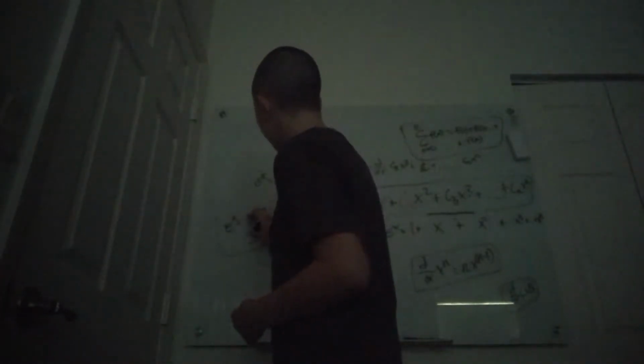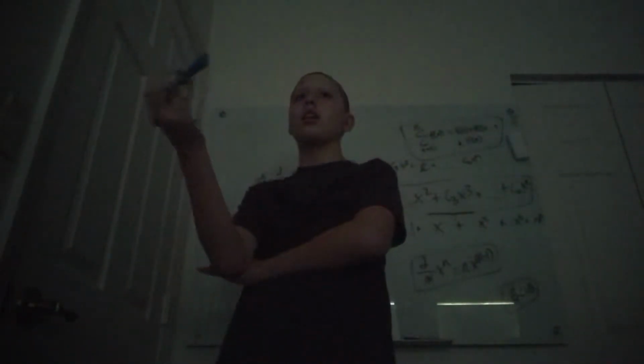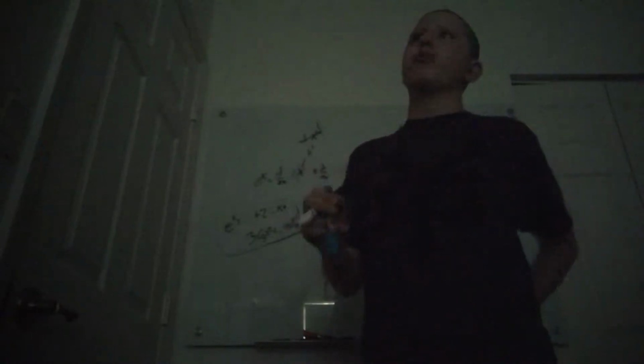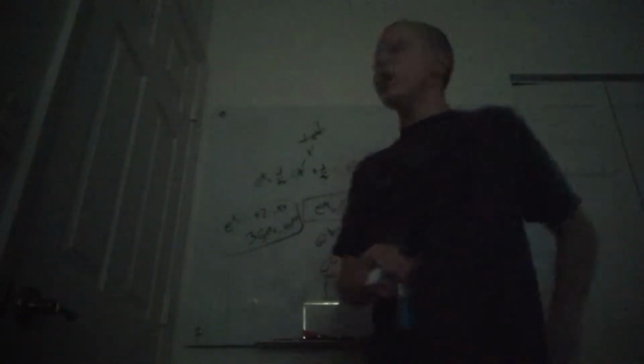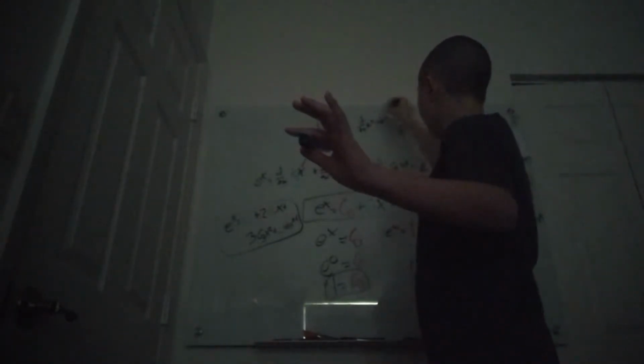But the thing about a derivative, it's the slope of a line, so at any point on the line. If you evaluate the derivative at a point, say 0, it has to touch the same point as e to the x. We also find the derivative of e to the x, and that's just e to the x. We already established the derivative of e to the x is equal to e to the x.